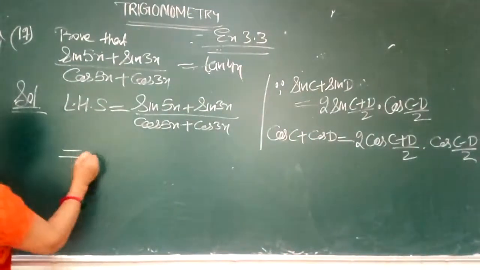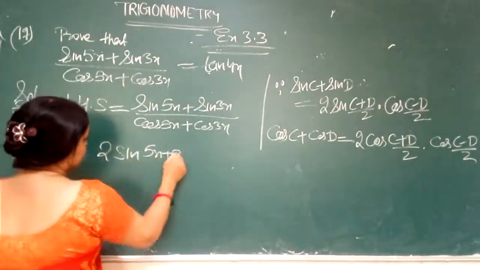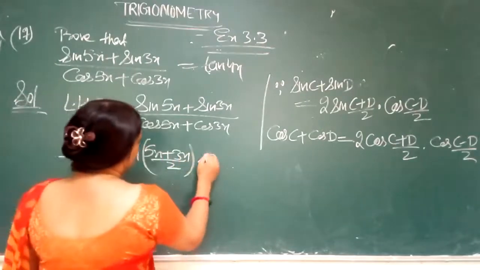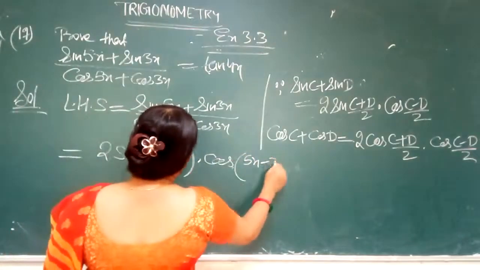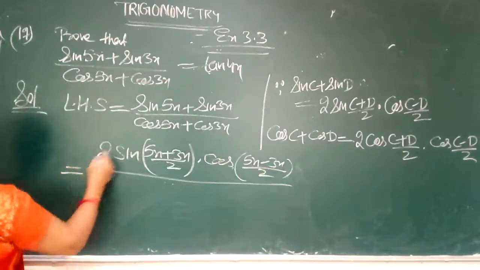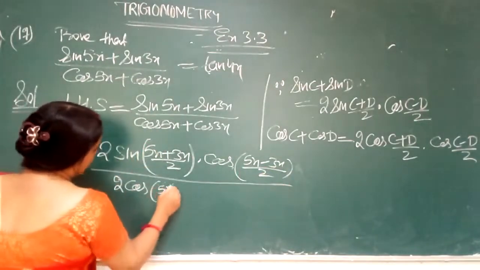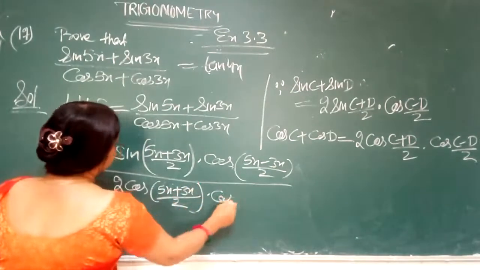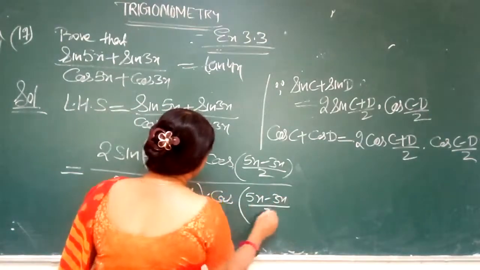What will come here? 2 sin of (5x plus 3x) by 2 into cos of (5x minus 3x) by 2, whole divided by cos c plus cos d, so 2 cos of (5x plus 3x) by 2 into cos of (5x minus 3x) by 2.